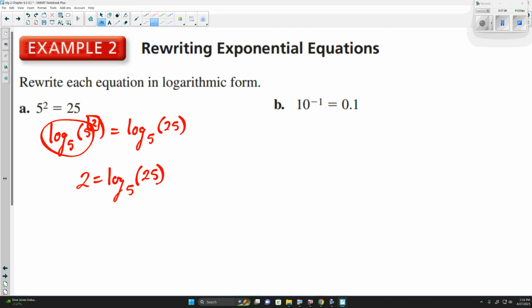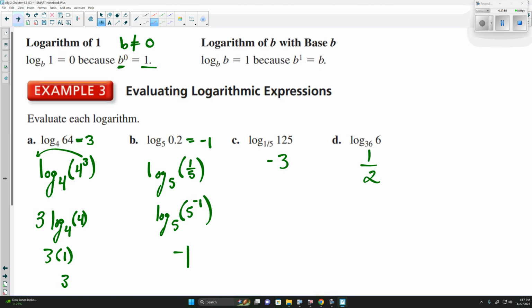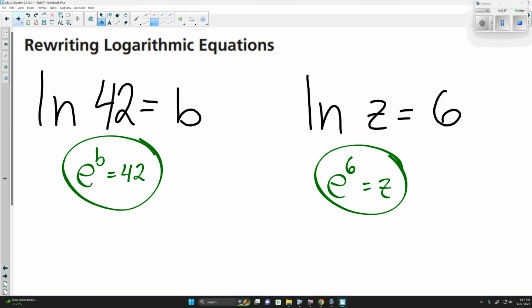So the same thing we did before, where we're going back from exponential to logarithm. Log base 5 of 25 is equal to 2. Same thing. So this kind of makes sense how that works. And we'll start using this kind of property more when we start solving. And it'll make even more sense, especially when we start looking at the exponential properties tomorrow and how they work.